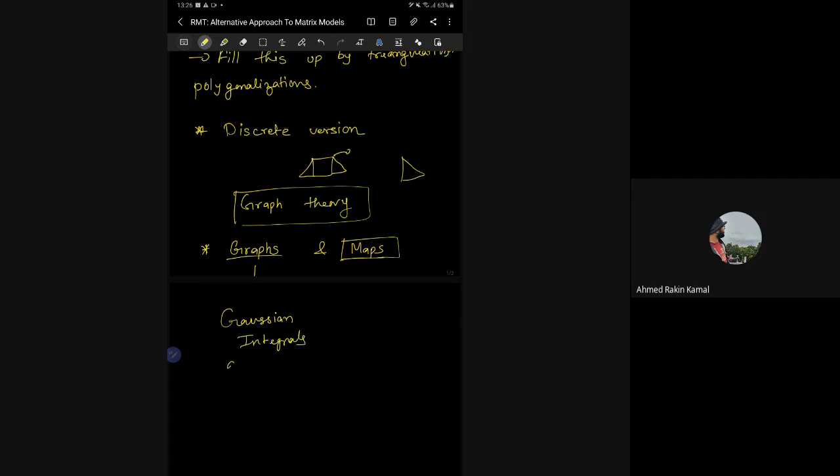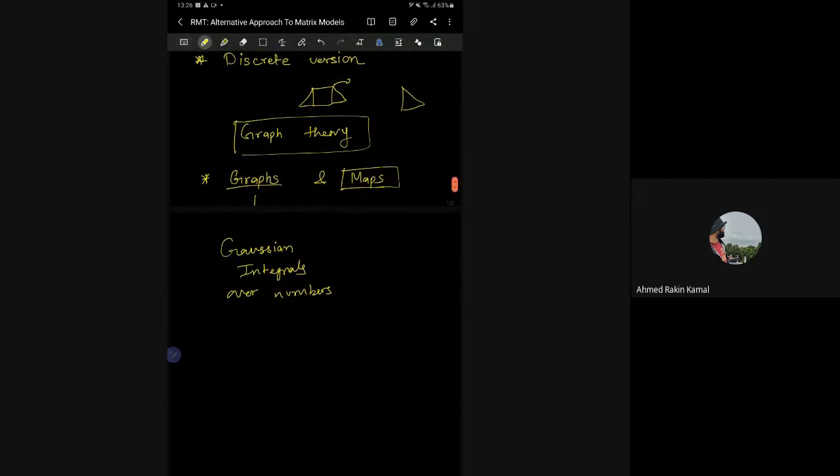Graphs are related to Gaussian integrals over numbers. And for maps, we will see next day that these are basically graphs with a bit more structure. For now, just think of them as graphs with some extra structure, which we haven't defined yet. And maps are related to Gaussian integrals over matrices.